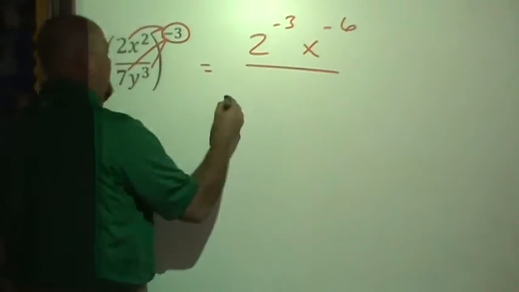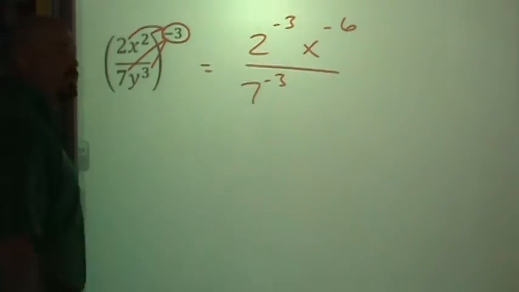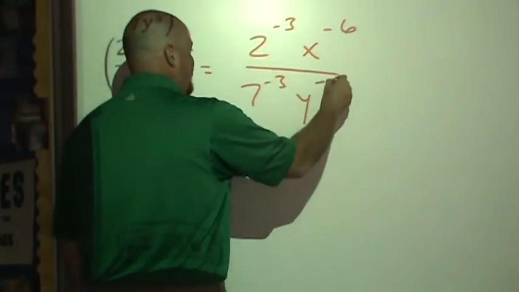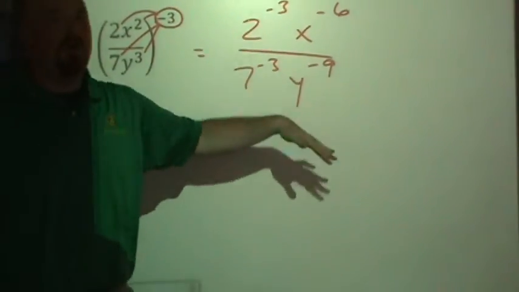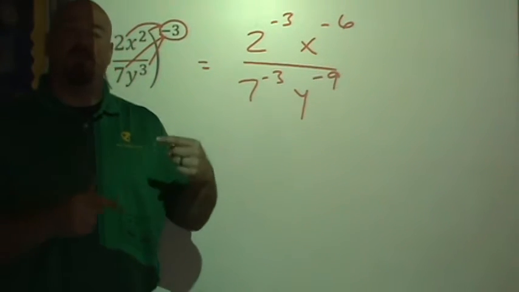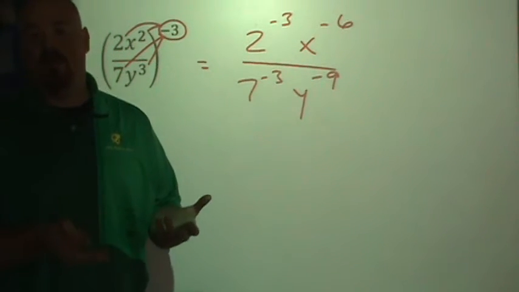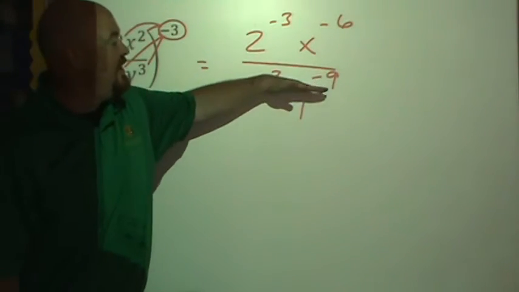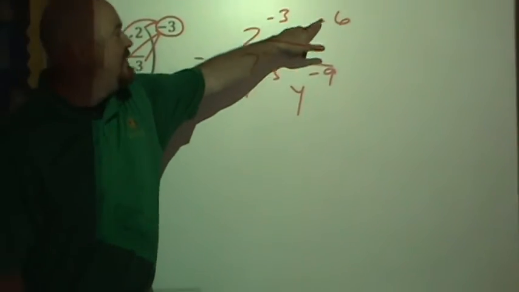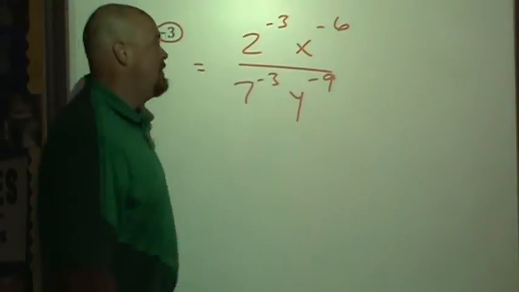On the bottom, I'm going to have 7 to the negative third, and then y to the negative ninth. And what you notice is that every single power here has a negative exponent. And negative exponents, we change their position relative to where they start. So everything that has a negative exponent on the bottom is going to move up. Everything that has a negative exponent on the top is going to move down.